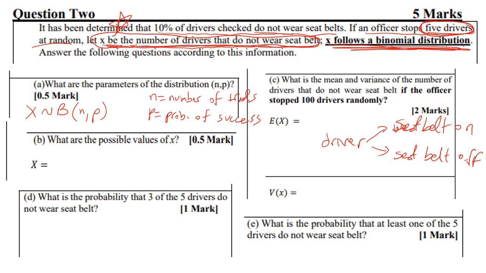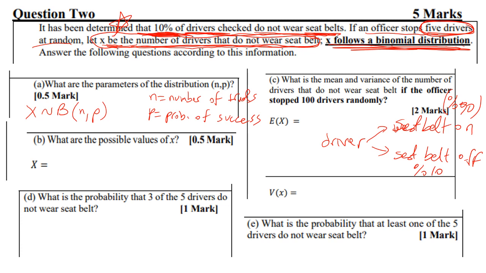We have an empirical probability: 10% of the drivers do not wear seat belts. So 10% probability seat belt off, and then 90% probability it's on.